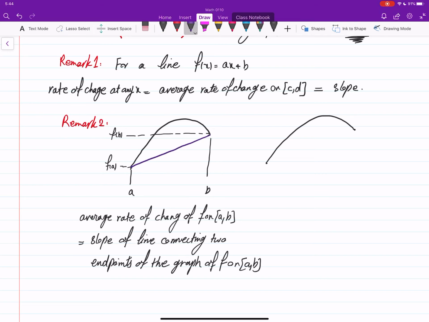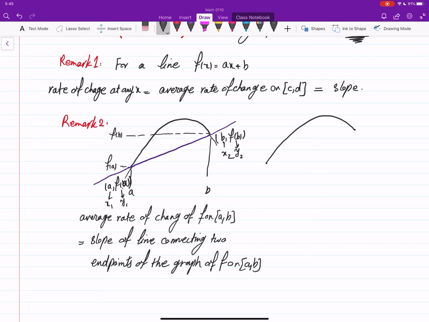This line here is the line connecting the endpoints of the graph on the interval, and its slope, because this point up here is (b, f(b)) and this point down here is (a, f(a)), is exactly y2 minus y1 over x2 minus x1.